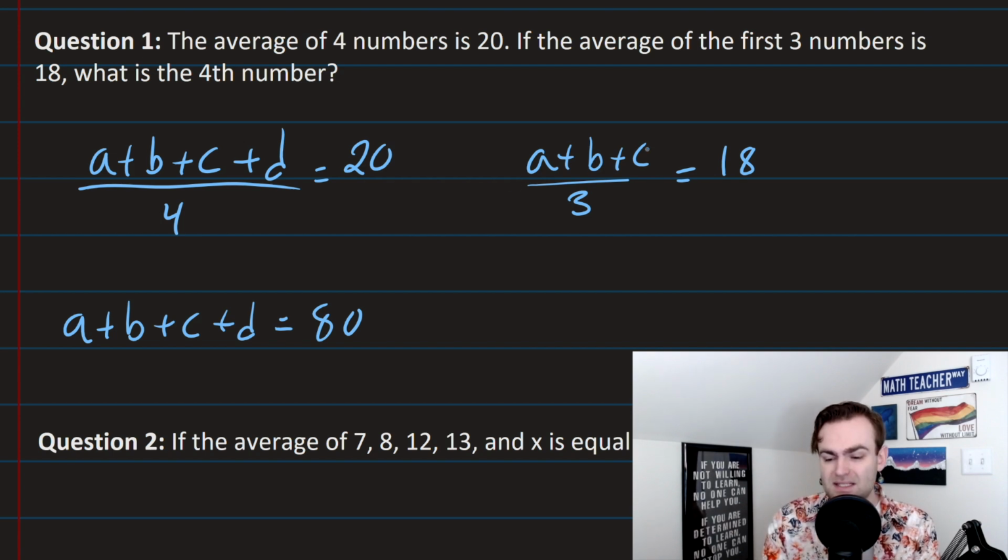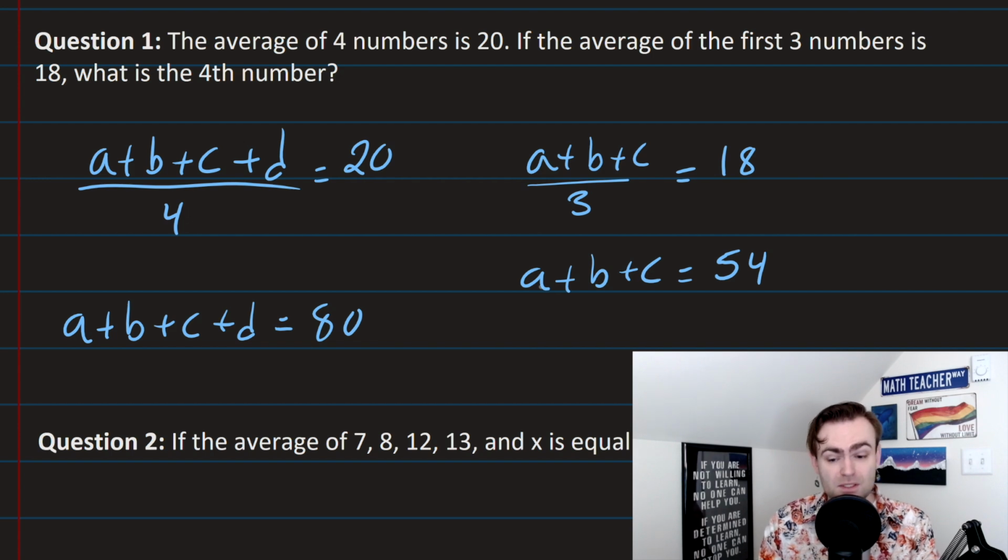Similar to what we did over here, let's multiply the 18 by 3. That might be difficult to think about, but 18 is 6 times 3, which means that we are doing 3 times 3 times 6, which is 9 times 6, which is 54. So A plus B plus C is equal to 54.